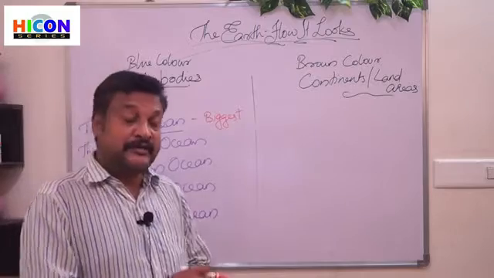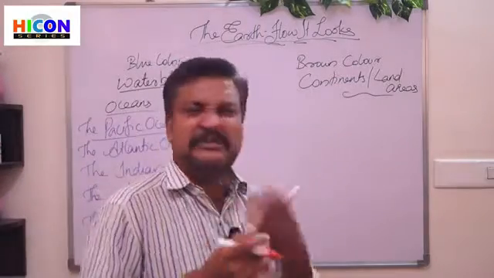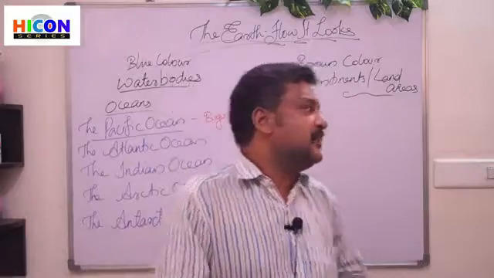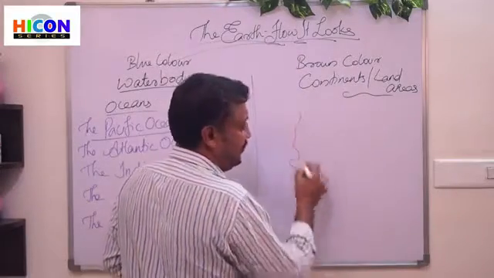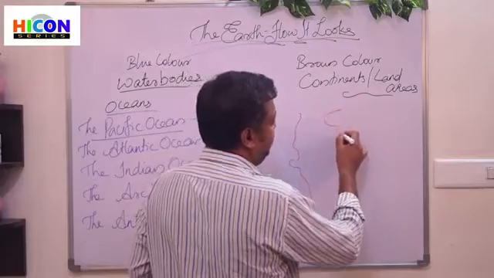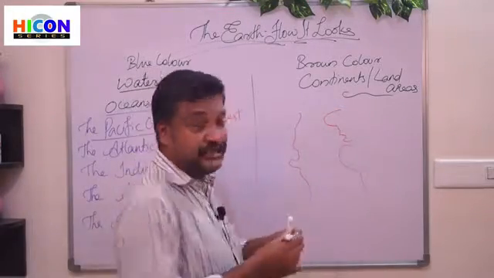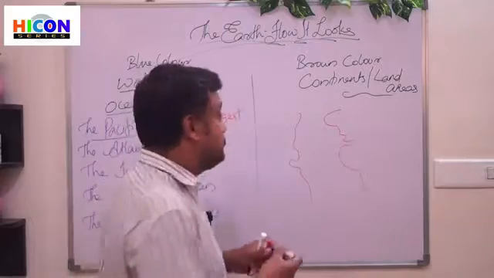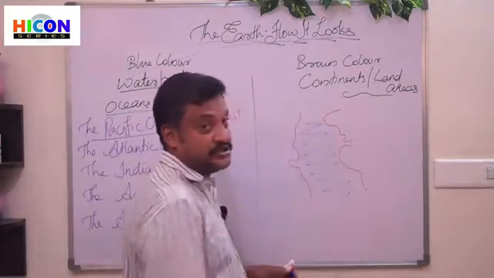Atlantic Ocean is the busiest ocean. Busiest ocean means what? It's very busy. When we check the globe, we can see here we have America and here we have Europe and Africa. The ocean that lies in between these two is the Atlantic Ocean.